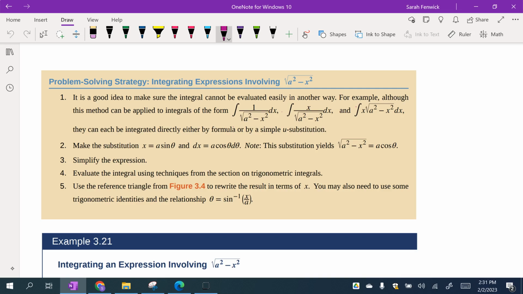So once I have something of this form with the square root of a squared minus x squared, you substitute your a sine theta and your a cosine theta d theta. Okay, simplify the expression, evaluate the integral using techniques from the section on trig integrals, and then use your reference triangle to rewrite the results in terms of x.